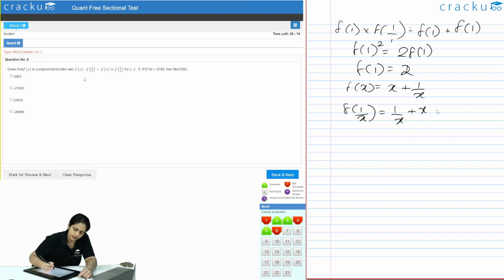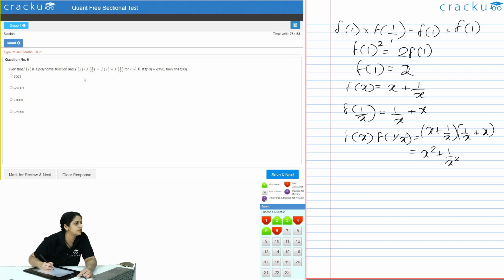So then f of x into f of 1 by x will be equal to the multiplication of x plus 1 by x and 1 by x plus x. So this is equal to x squared plus 1 by x whole square. No, this is not right. f of a plus f of b is equal to minus f of ab is equal to 0. Let me go to the next question.